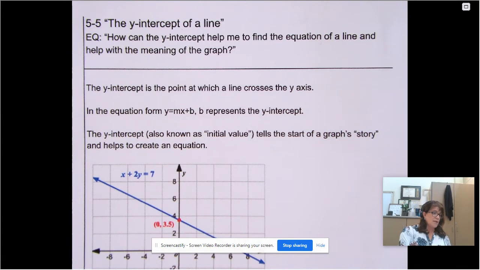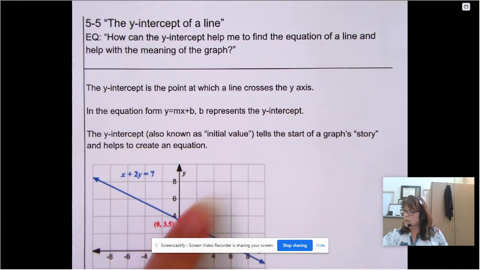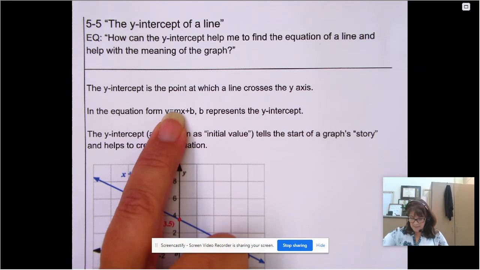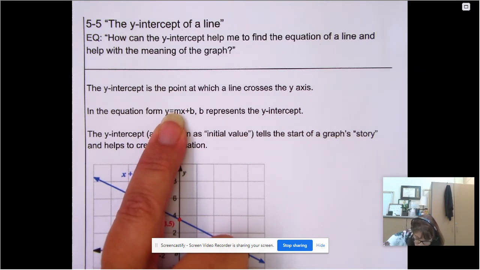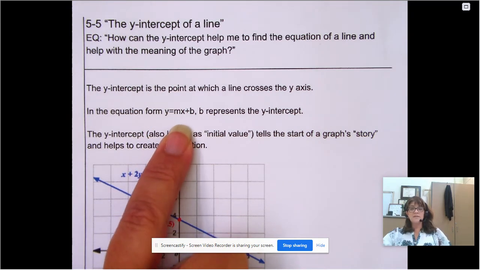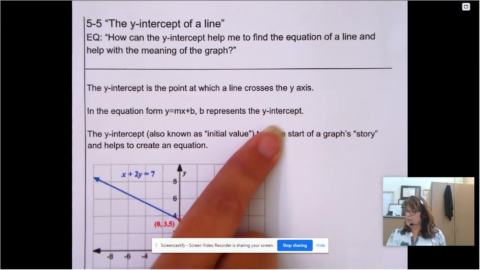Now we are going to work as well on having these equations in this format. I'm going to practice with you like crazy because it is such a helpful skill to you going forward. In this format, b represents the y-intercept.